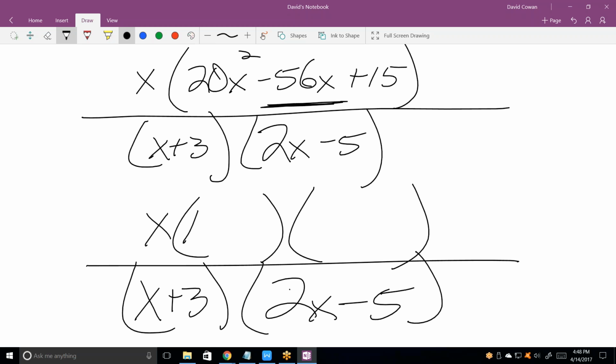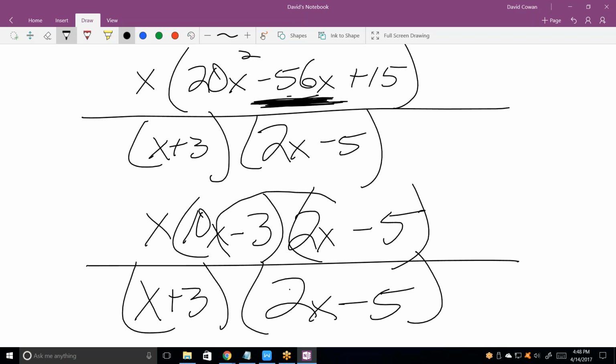Let's try 10x minus 3 and 2x minus 5. That works. Notice that 10x minus 3 times 2x minus 5 gives you this quadratic that's in the numerator. In other words, that gives you minus 6x. This times that gives you minus 50x. I get the middle term of minus 56x. More importantly, now I can cancel that 2x minus 5 with that.